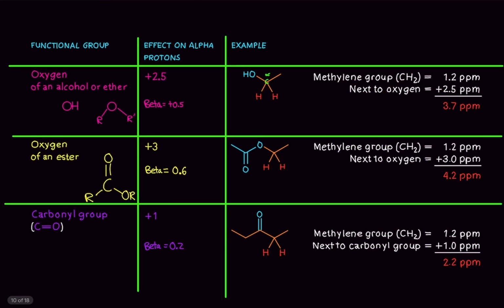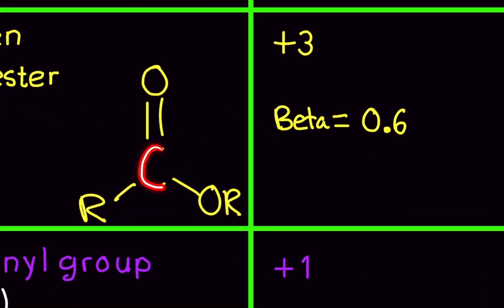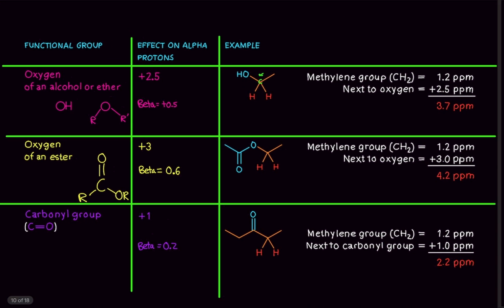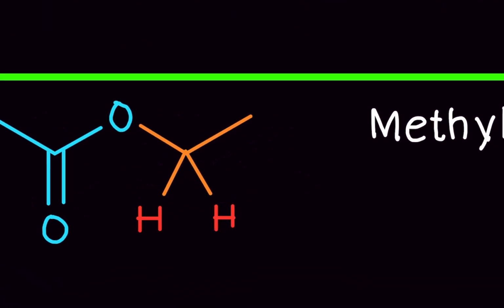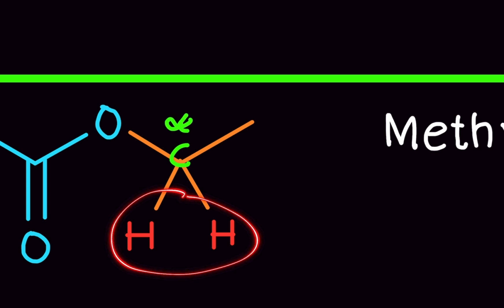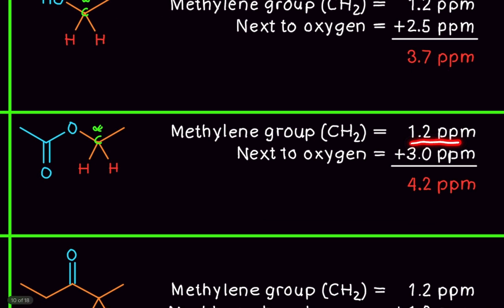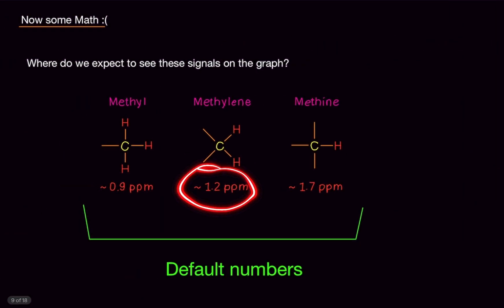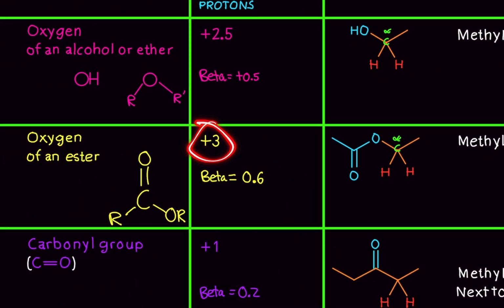Now, let's look at the oxygen of an ester group. If it's an ester, so a carbon double bonded with an oxygen and a single bonded oxygen to that carbon, we're going to add 3 to it. So this right here would be the alpha carbon. This is a methylene group, which is a 1.2, according to what I wrote down. And since we're next to an ester, we add 3.